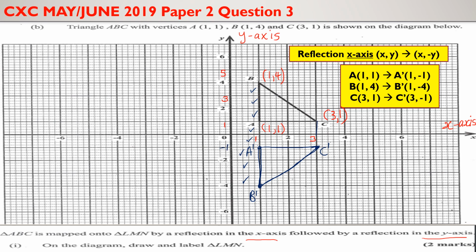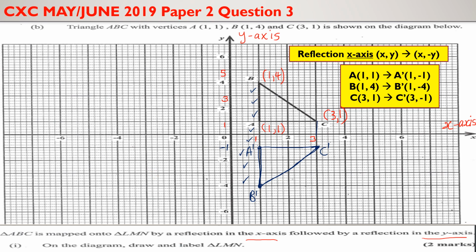Okay, so now we're going to reflect this triangle over the y-axis. We do the same method, using a different color.